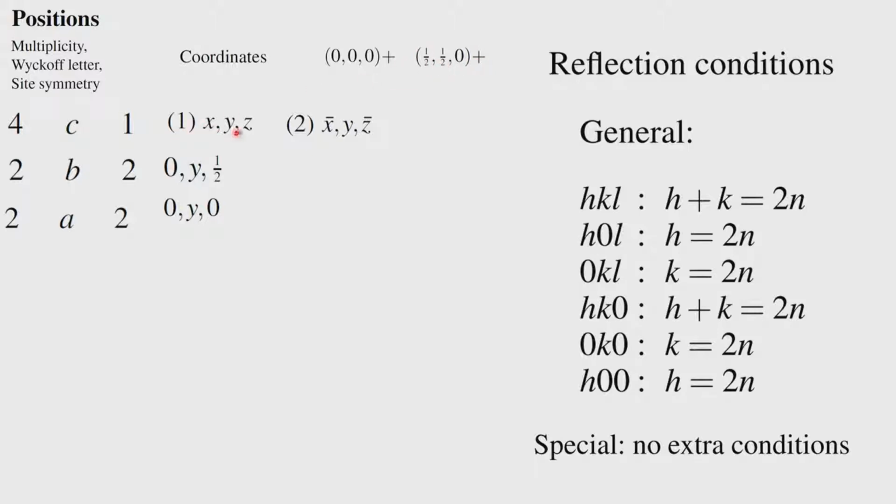So, we get half plus x, half plus y, z, half minus x, half plus y, z bar, and these will be the 4 equivalent points in general positions, and in general positions we have the set of systematic absences which will allow us to see the space group to be C2.